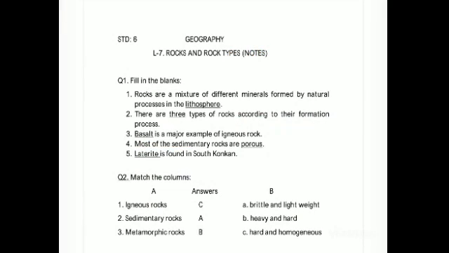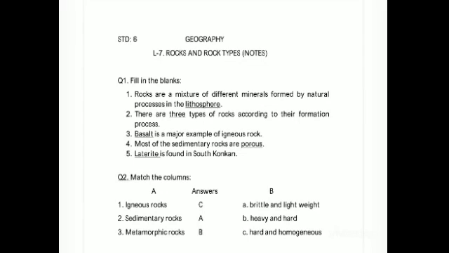Let us now see the notes of Chapter 7, Rock and Rock Types. The first question is the fill in the blanks. Fill in the blanks are to be written in complete statements.